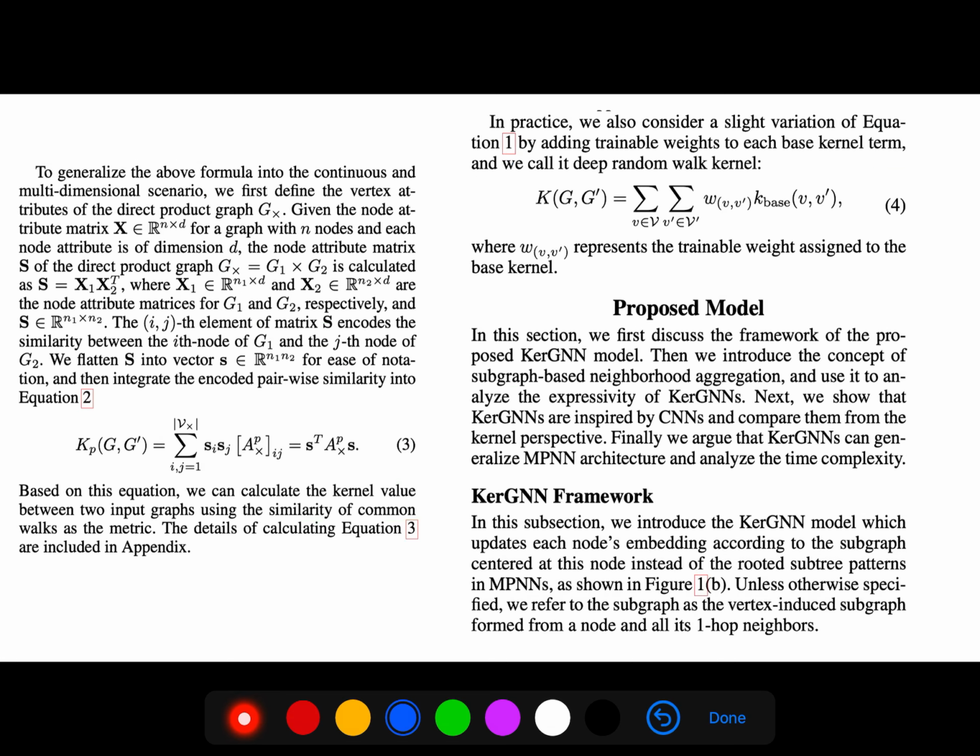And so here we define the vertex attributes of the direct product graph, and then the node attribute matrix S of the direct product graph is calculated by multiplying just X1 and X2 transpose, which are node attribute matrices of G1 and G2. So we flatten S into vector S. For ease of notation, we integrate the encoded pairwise similarity.